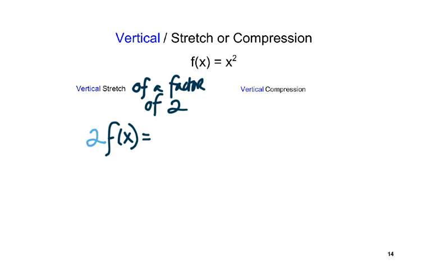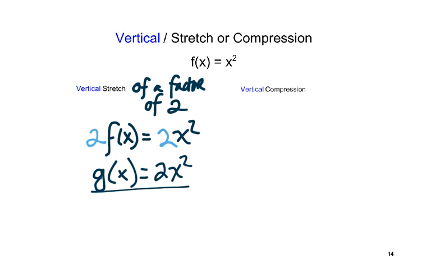And that would simply look like 2 times x squared. Pretty simple. So maybe we have a new function called g of x, and that equals 2 times x squared. And that we say is a vertical stretch by a factor of 2 of the function f of x. So that's what g of x equals.